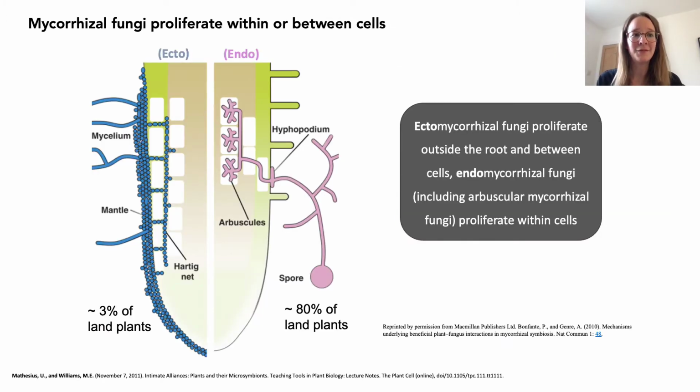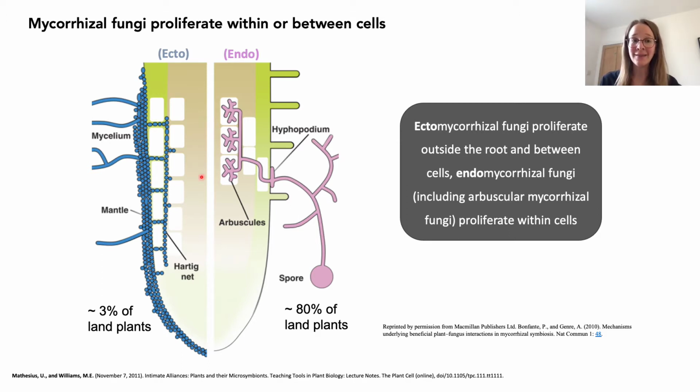One of the main differences between the ectomycorrhizal symbiosis and the Vascular Mycorrhizal symbiosis is the way in which the fungal hyphae colonize the cells. In the case of the ectomycorrhizal symbiosis, the fungal hyphae that you can see here only colonize the outside of the root, and they can grow in between the root cells, but they never actually grow into the root cells.